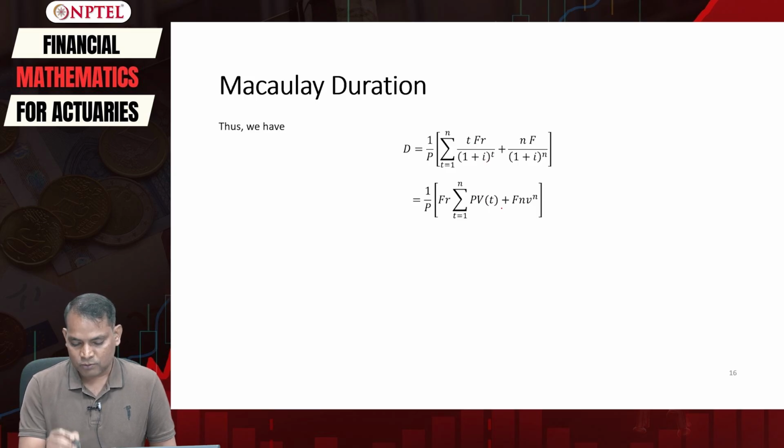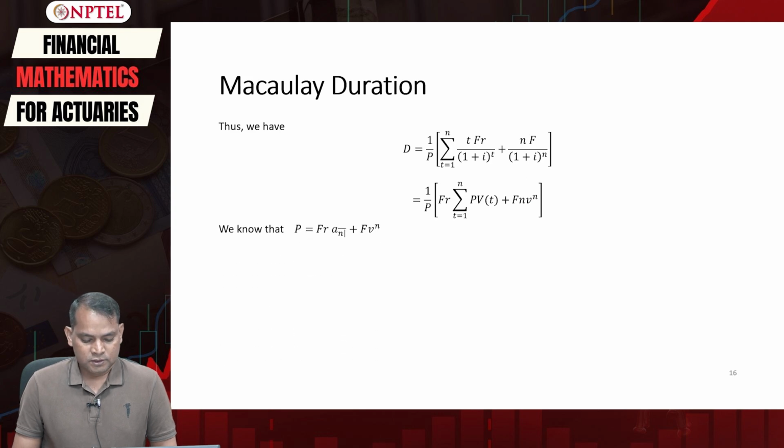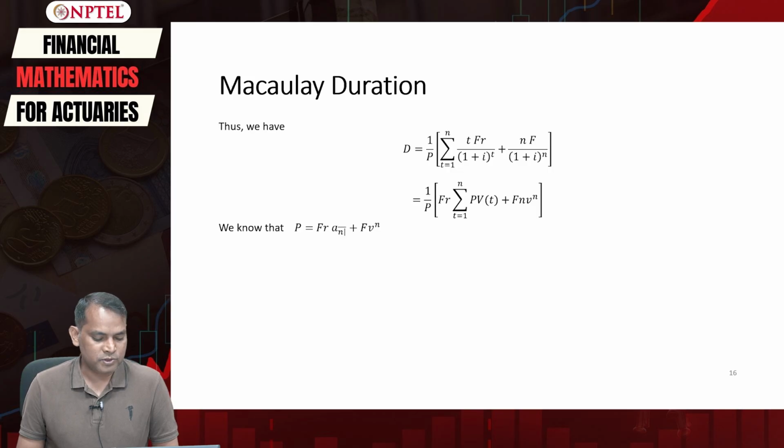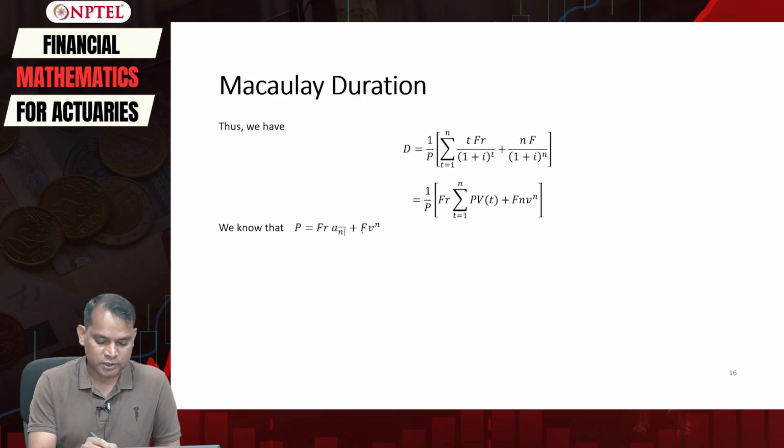Now here the nth term is actually v to the power n. So we know here that the price of the bond is simply Fr a angle n at I plus F v to the power n, assuming that this F is the redemption value.